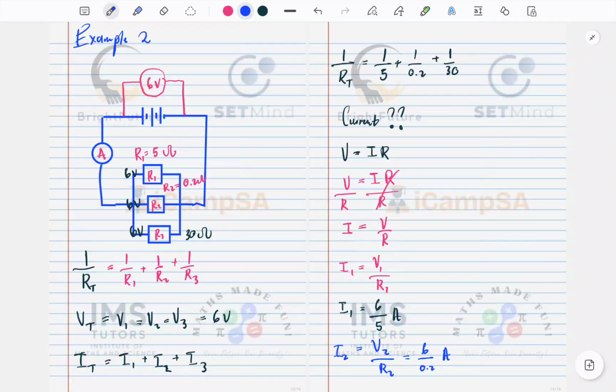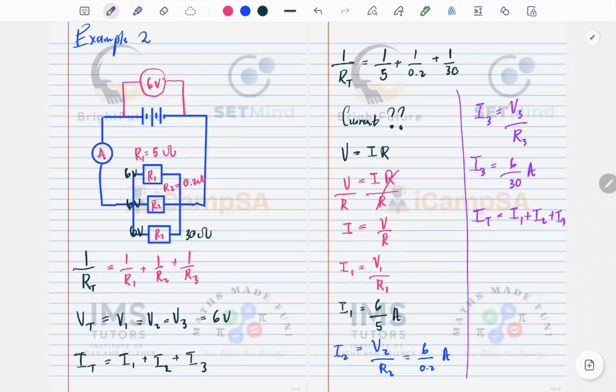Then we move to this side here, and I'm going to have I3 equals V3 over R3. That means I3 equals 6 over 30 amperes. Then remember, IT equals I1 plus I2 plus I3.